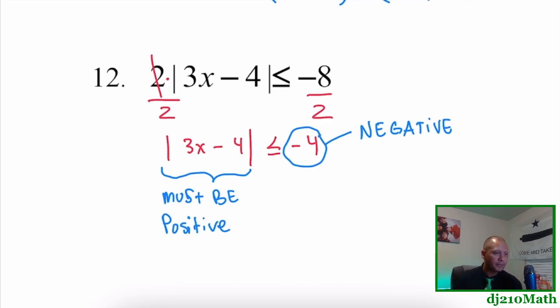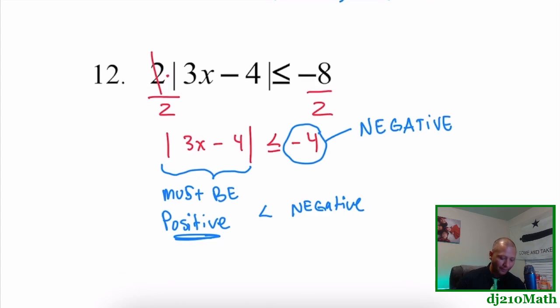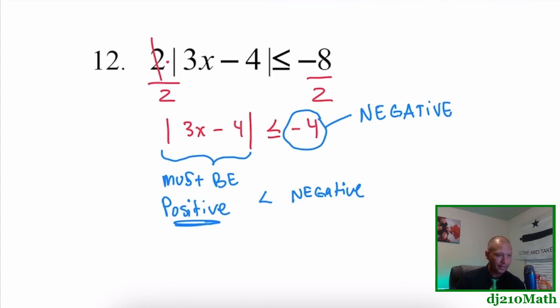So the absolute value represents some positive number. So how can a positive number be less than a negative number? It can't. It's just not possible. It's possible to be greater than, for sure, but it definitely cannot be less than. So no solution. A positive number cannot be less than a negative number.